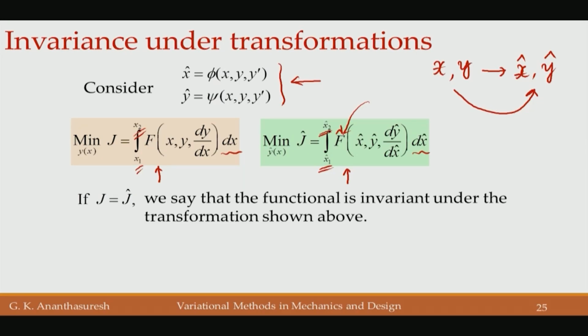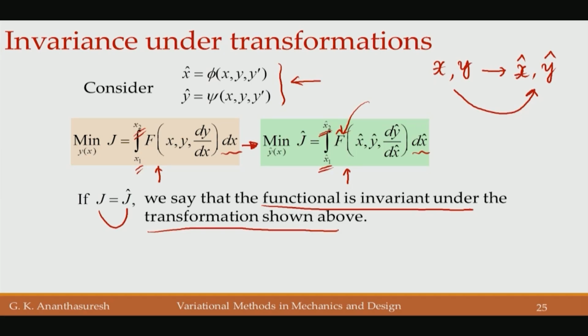We say that if J is equal to J hat, f may be different, but you have different variables, different limits, and all the things that have changed when you transformed that to that. If J equals J hat, we say that the functional is invariant under the transformation shown above. That is the first invariance.